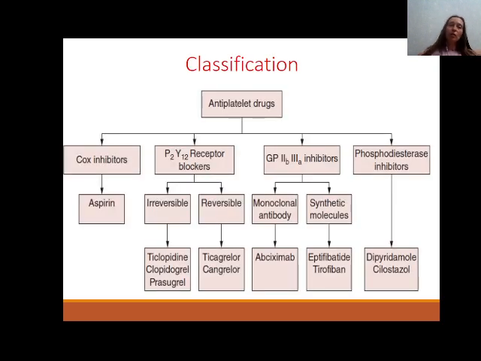Firstly, we should say about classification. We have four groups: COX inhibitors, P2Y12 receptor blockers, or shortly ADP receptor blockers, then glycoprotein 2B3A inhibitors, and then phosphodiesterase inhibitors. For COX inhibitors, we know only one drug, aspirin.